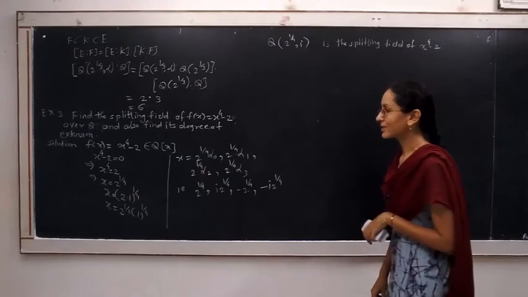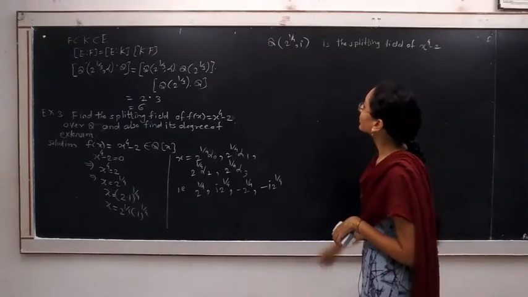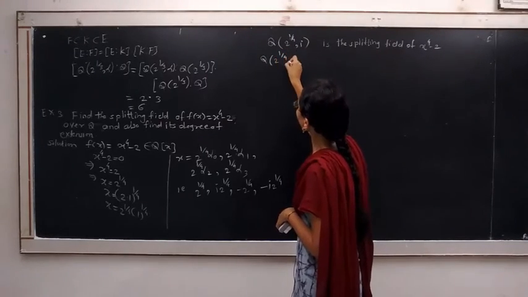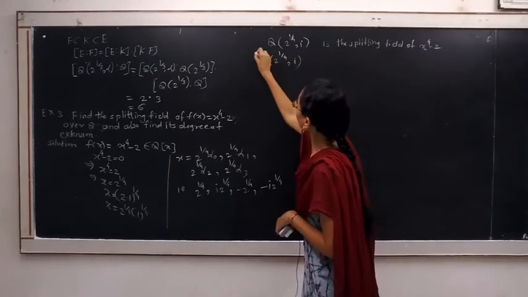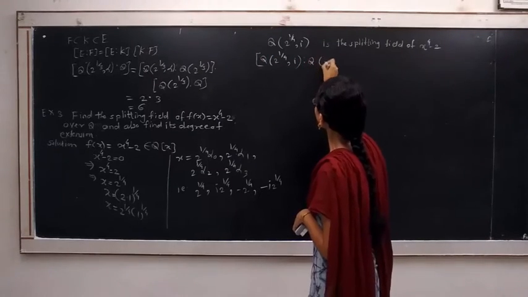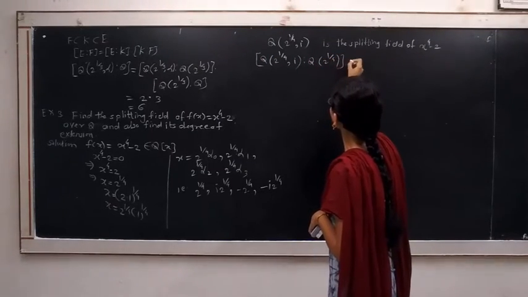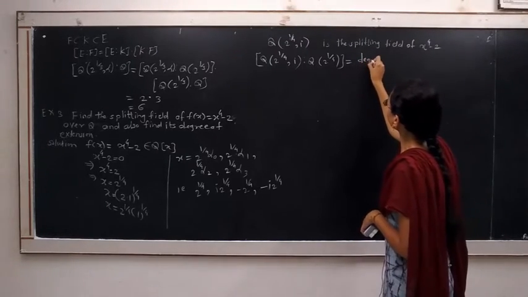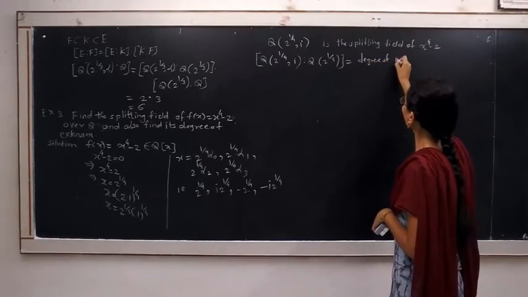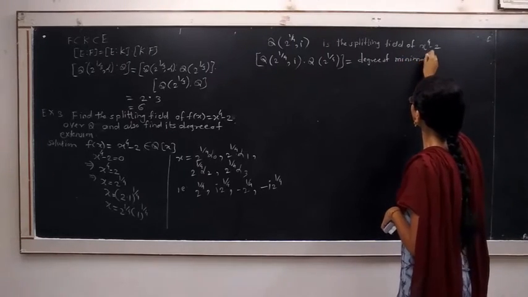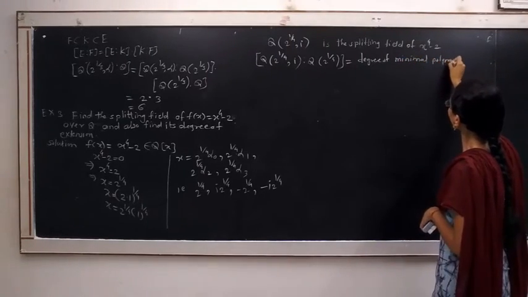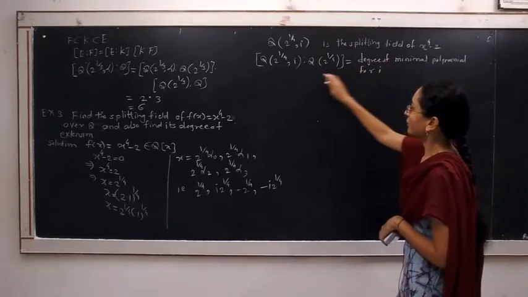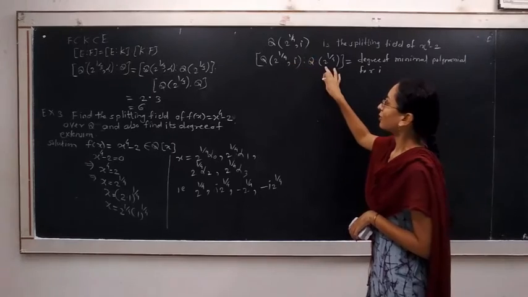Now we find the degree of extension of this field over Q. We know the degree of extension of Q joining 2 raised to 1 by 4 and i over Q joining 2 raised to 1 by 4 is the degree of the minimal polynomial for i, because i belongs to the extension of this field.